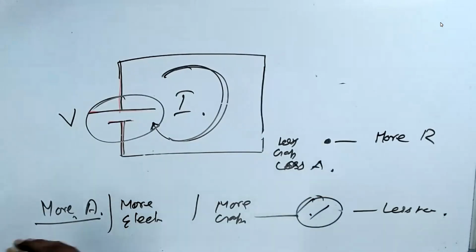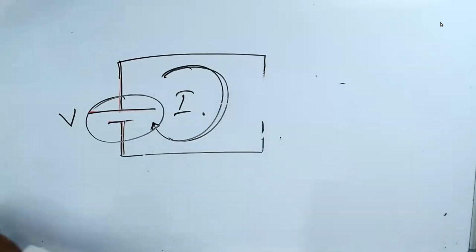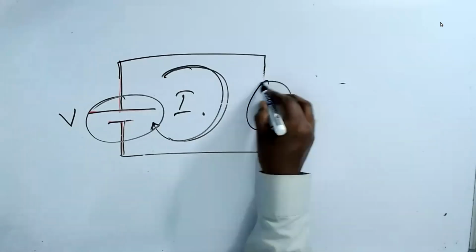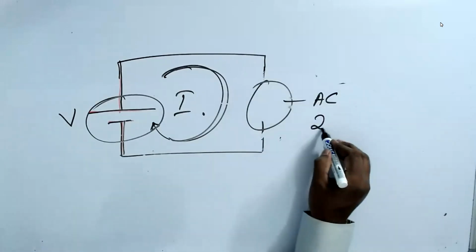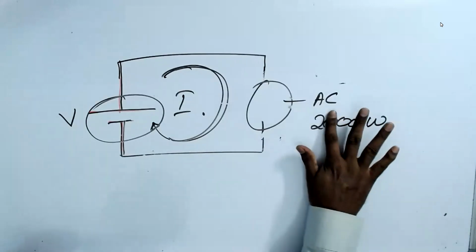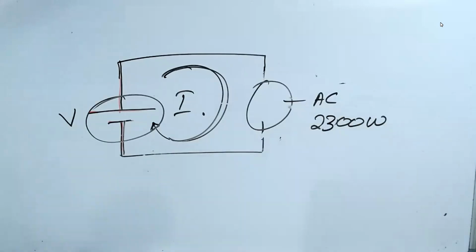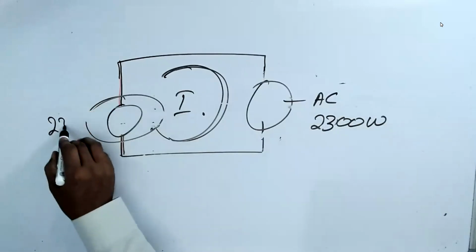For example, let's take a very simple example. At your house, you connect an AC, which is going to take about 2000 watts, assuming 2000 or 2300 watts. And you apply a voltage of 230 volts.